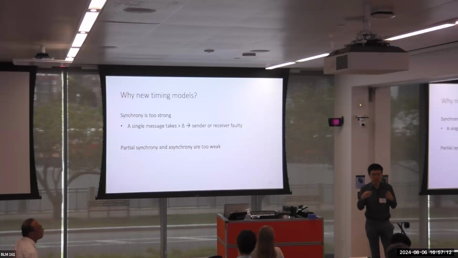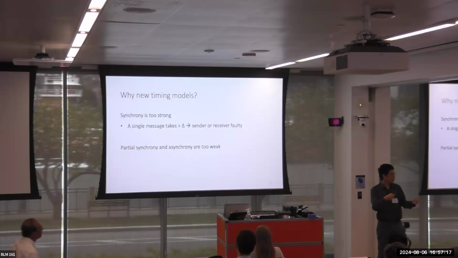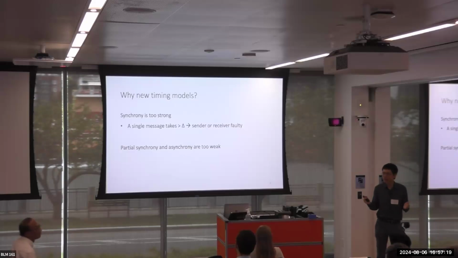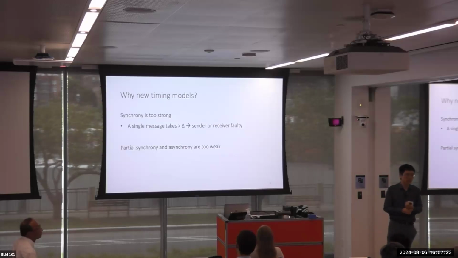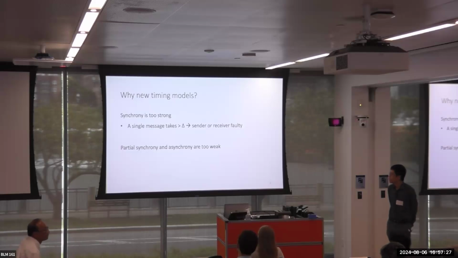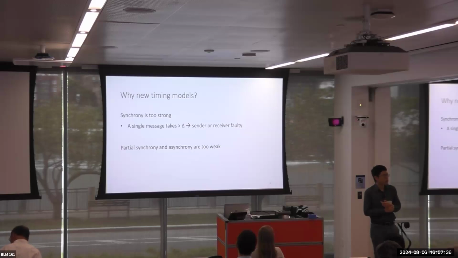And if every party sometimes has a slow message delivery, then everybody is faulty, the model doesn't hold, and protocols do not provide any provable guarantees. At the time, partial synchrony and asynchrony were considered the gold standard, the mainstream models that most protocols adopt.